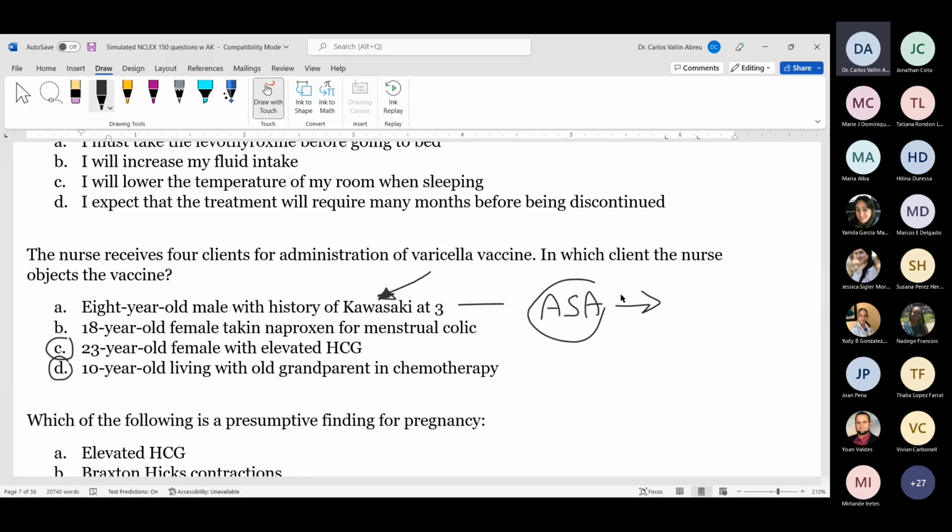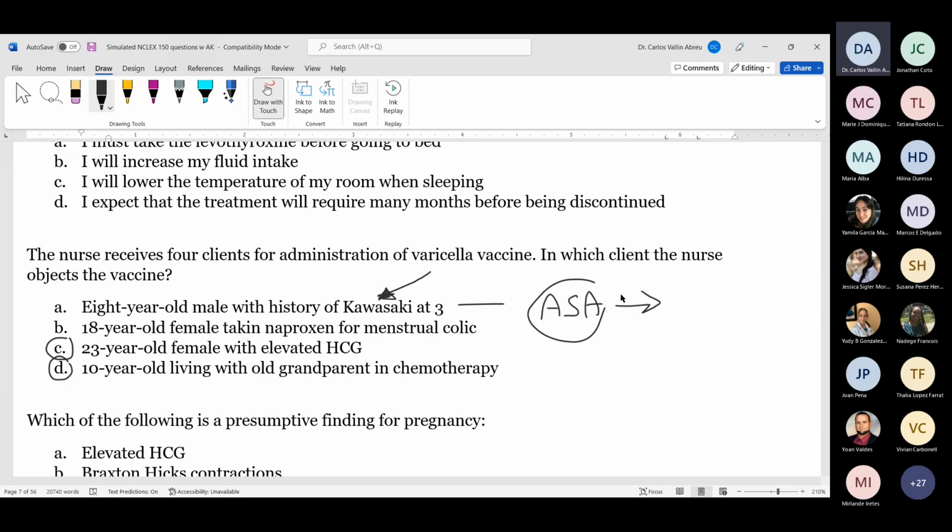When the influenza virus or the varicella zoster virus is in the body, if the person takes aspirin, this combination is what produces Reye syndrome.